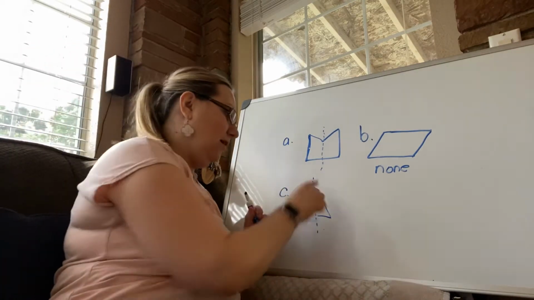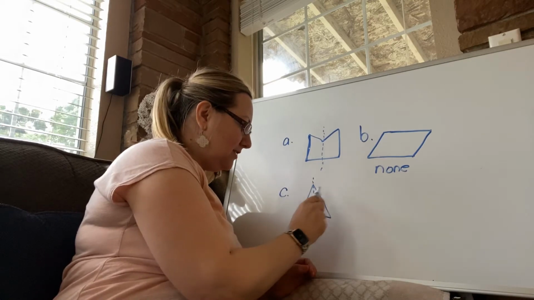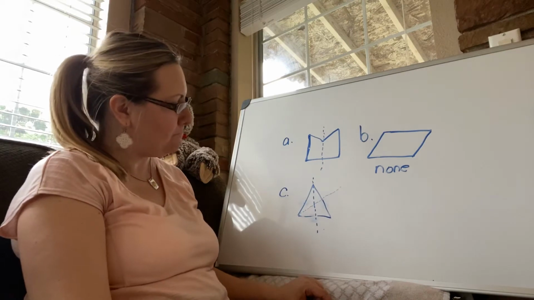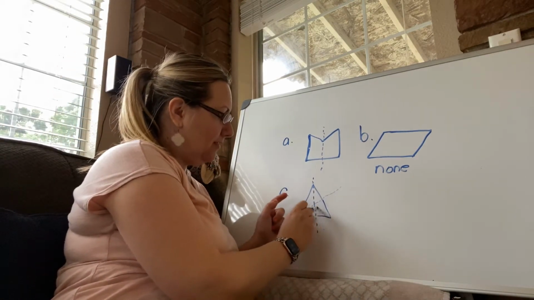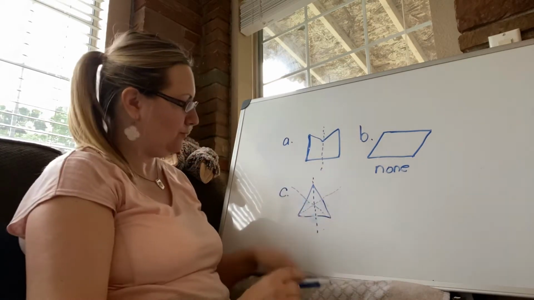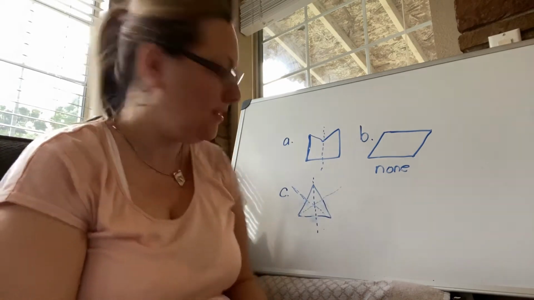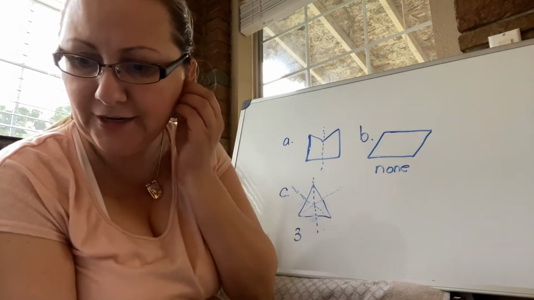But if all of these are equal, then you would have another line of symmetry that cuts right through this line, right? And if you start with this corner, you would have another line of symmetry that cuts through this line right here. Okay, so there are 3 lines of symmetry for letter C.